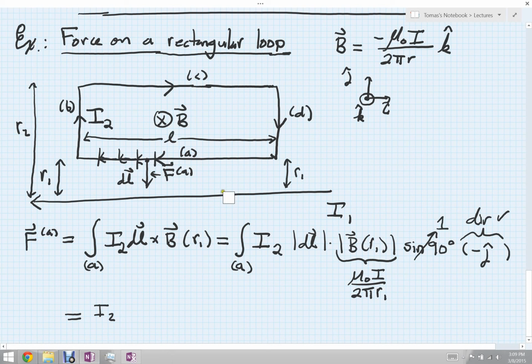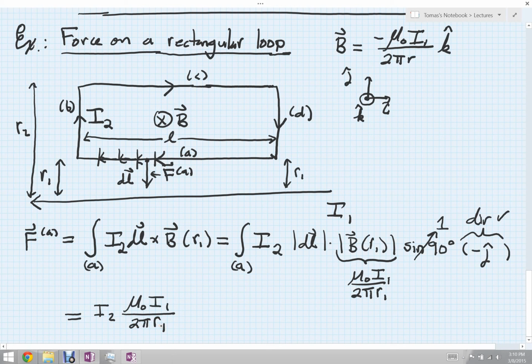So actually, in this case, the magnetic field has this factor of I1 in it. So when I pull out my constants, I've got I2 feeling the force and I1 creating the magnetic field. So I've got another factor that comes out, mu naught I1 divided by 2 pi R1.